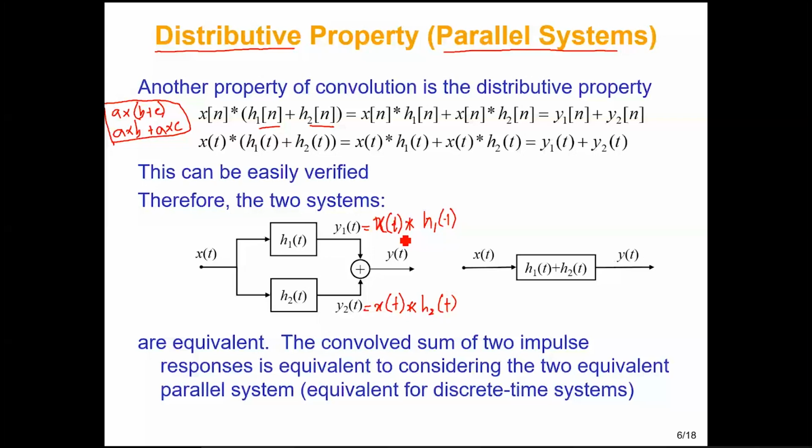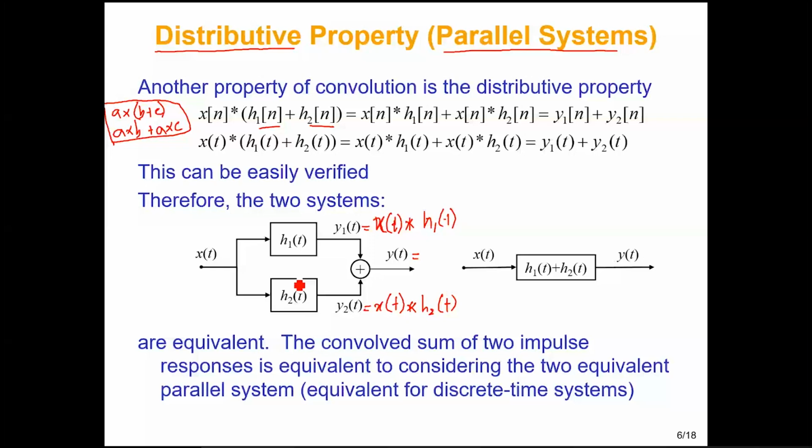We can have continuous time or discrete time, and for continuous time the same thing is written right here. So if you want to find the output, we can just add the impulse responses of these two systems and make one equivalent system right here. The output of this equivalent system will be x of t convolved with h1 of t plus h2 of t.